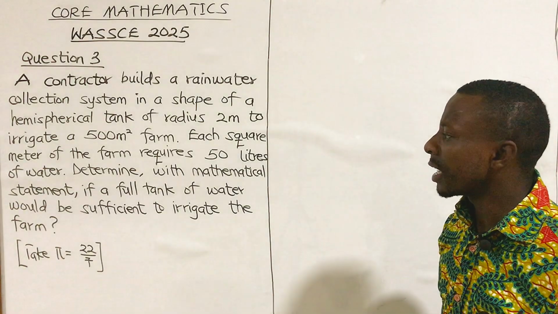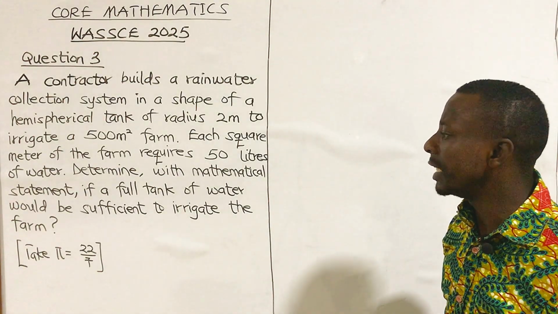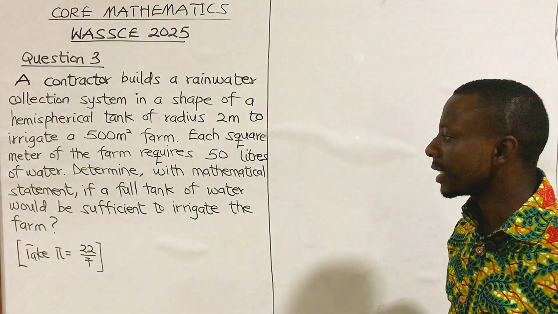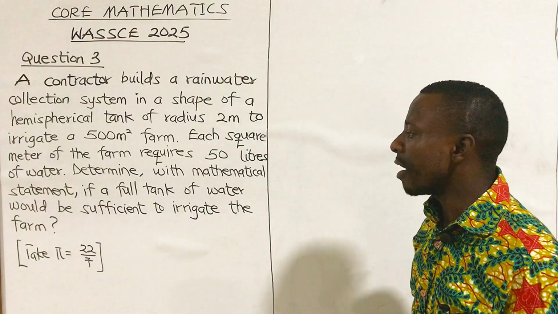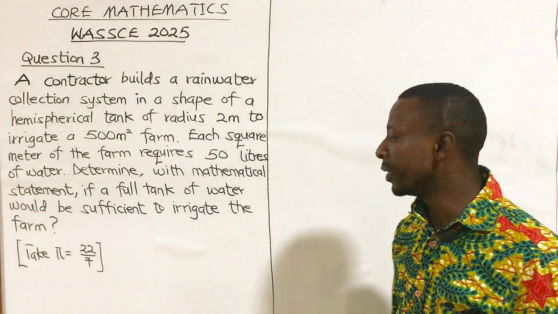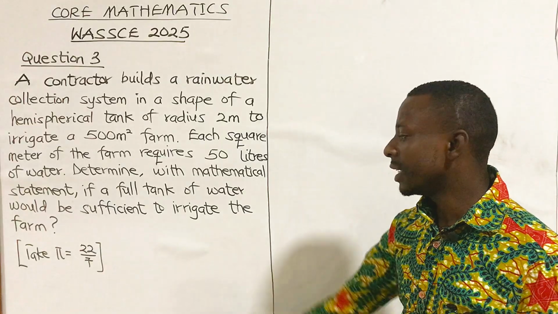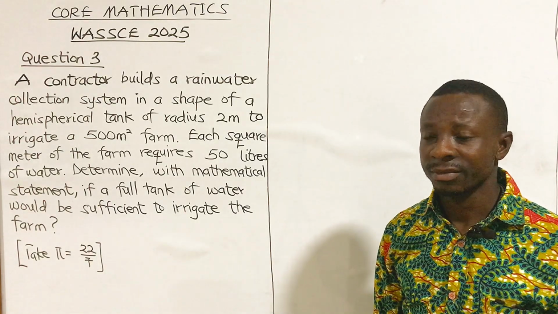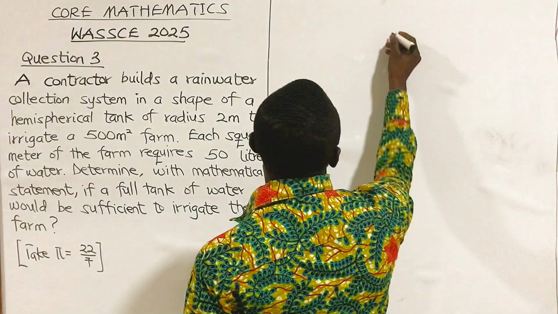Each square meter of the farm requires 50 liters of water. Determine with mathematical statement if a full tank of water would be sufficient to irrigate the farm. Take pi equal to 22/7. Solution.